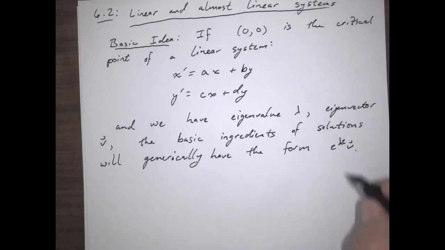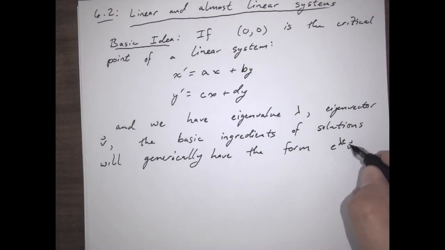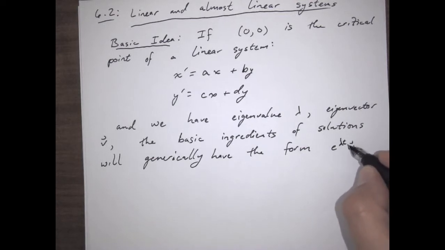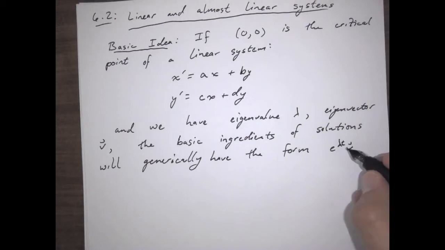And what this means is that this part right here, which is basically acting like the weight on the vector, is going to be experiencing the effects of either exponential growth or exponential decay, depending on the nature of lambda.